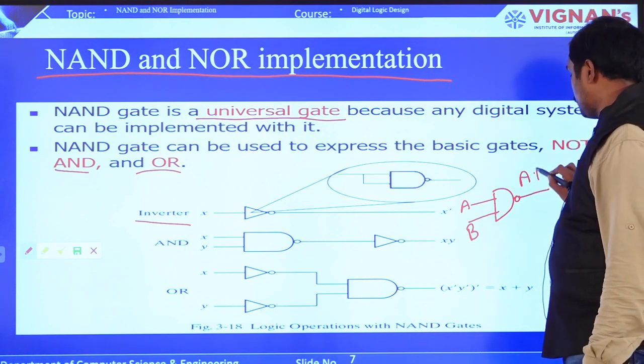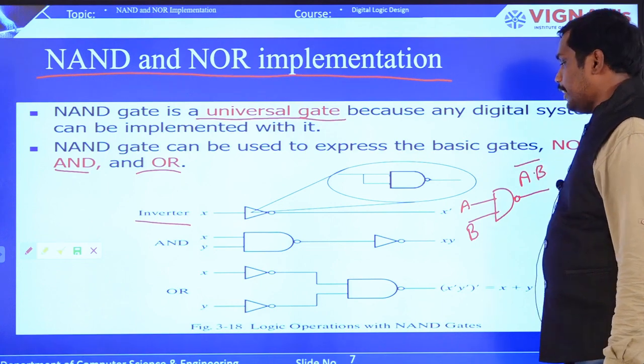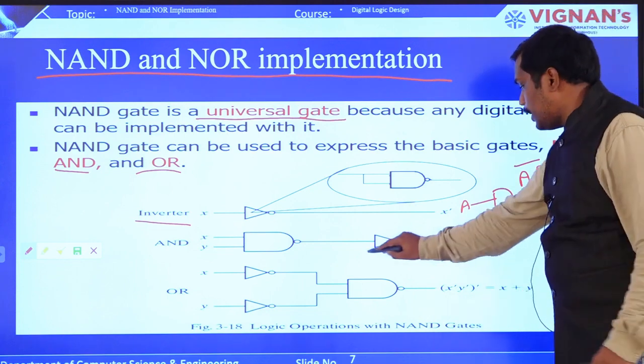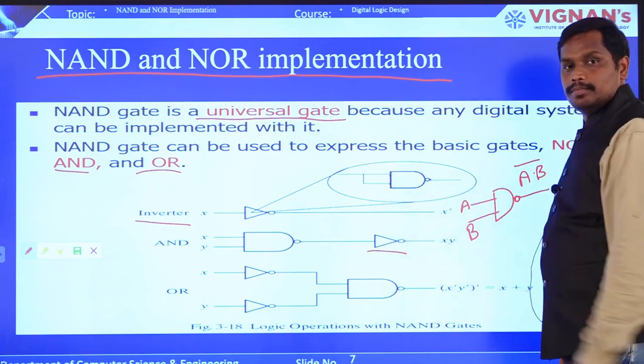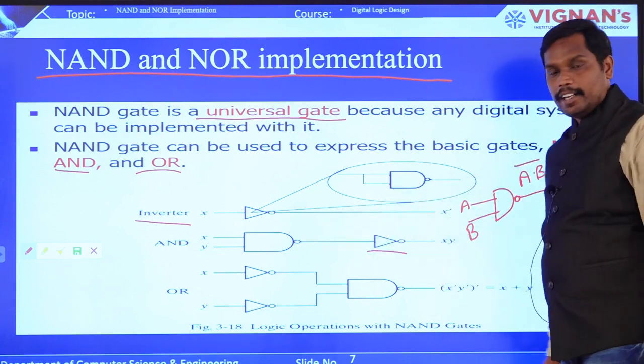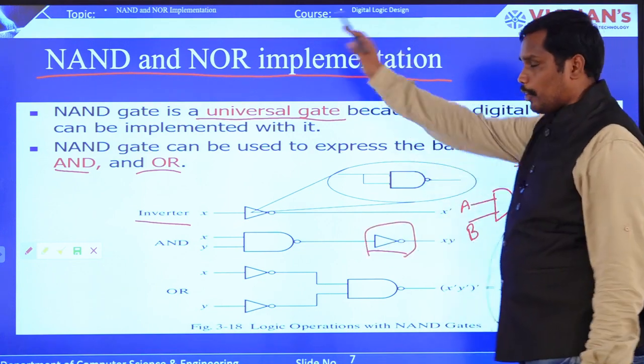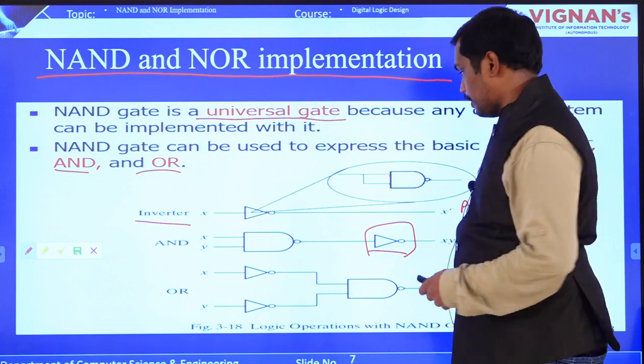That is A dot B the whole bar, right? So in order to convert this into AB, which is the real AND gate, you will have a NOT gate that is connected to the NAND, right? So this particular NOT gate can also be expressed with NAND. That is how you have got the previous diagram, right?